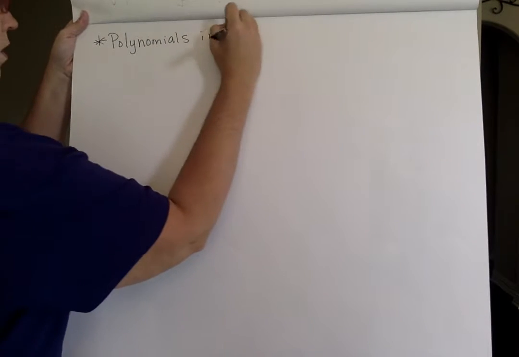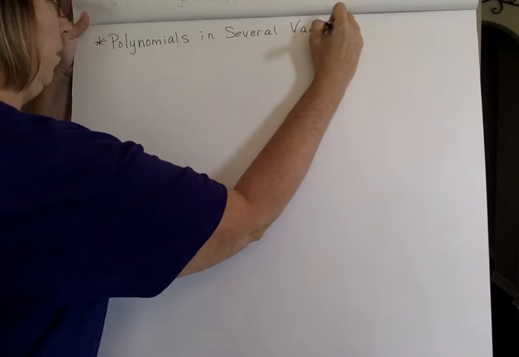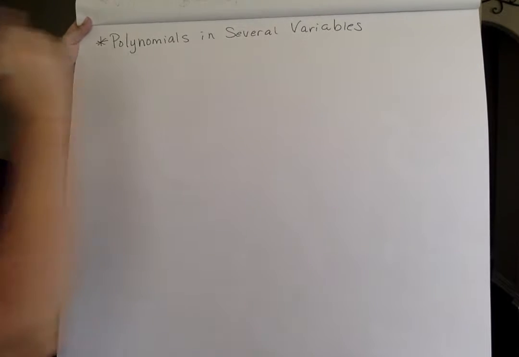All right, next we have polynomials in several variables. Here's an example.